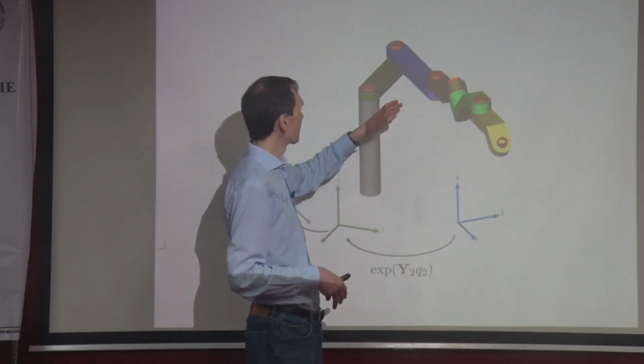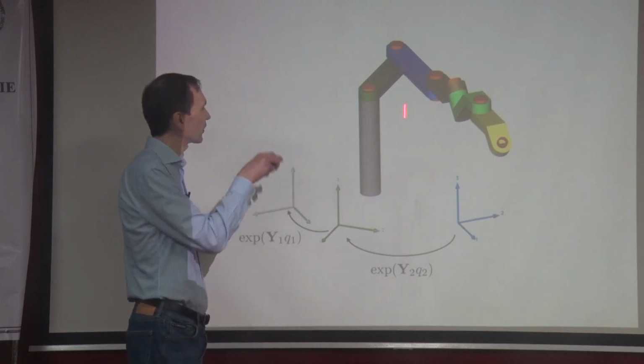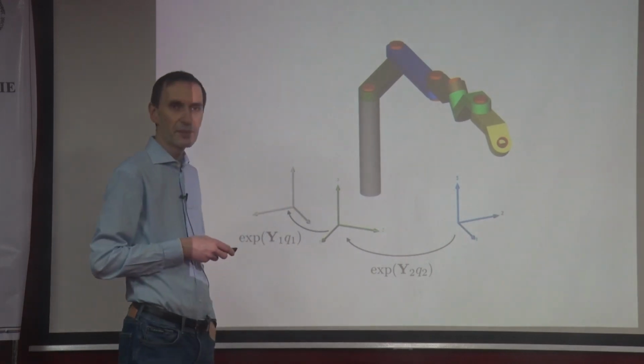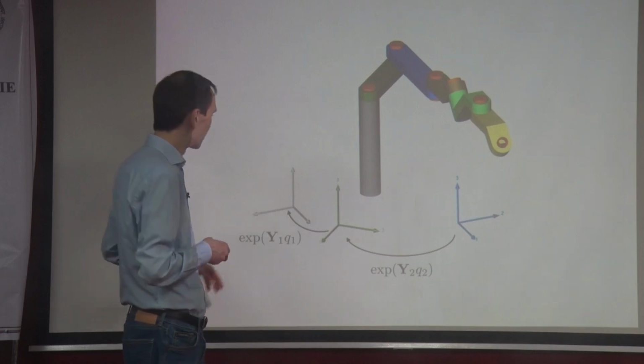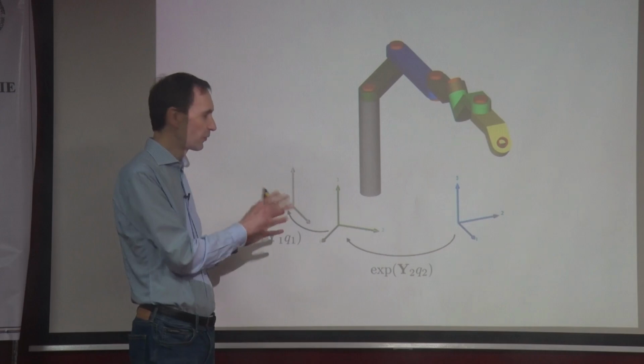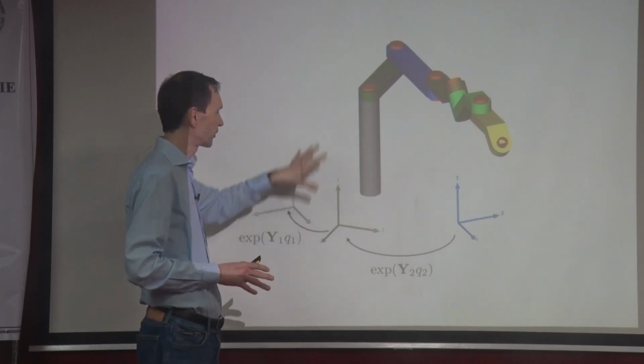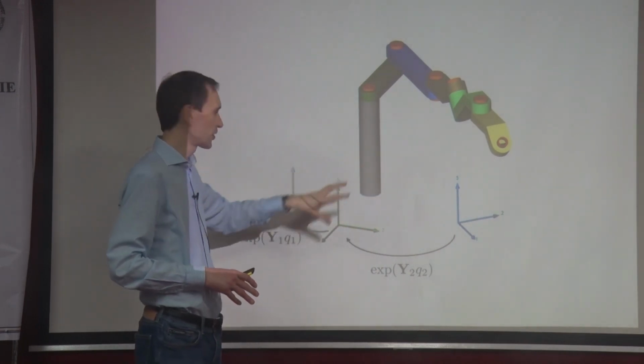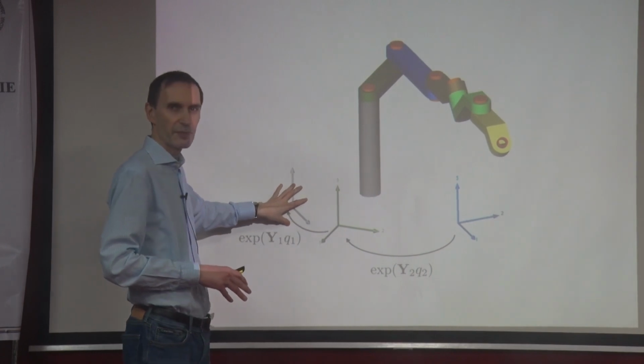When you define the coordinates of the second joint, you define them in the initial pose of the system, in which all the frames that are attached to all the bodies actually coincide with the inertial frame.